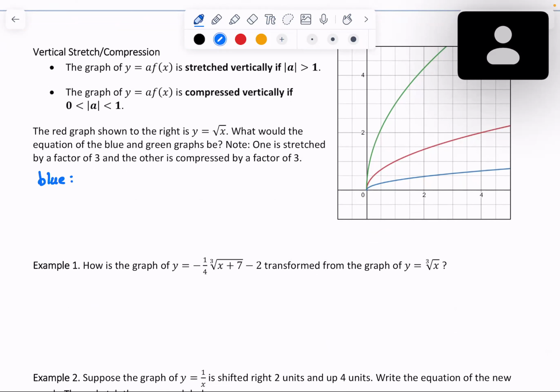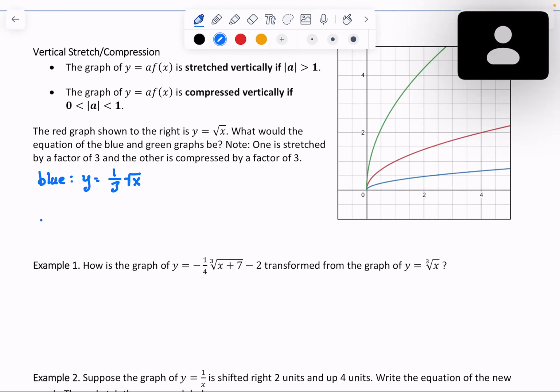So if it's compressed, which is the blue one, by a factor of 3, then we actually have that the function is y is 1/3 times the square root of x, right? So that's what happens when we want to compress it. We do 1 over that factor. In this case, it would be 1 over 3 because the factor is 3.